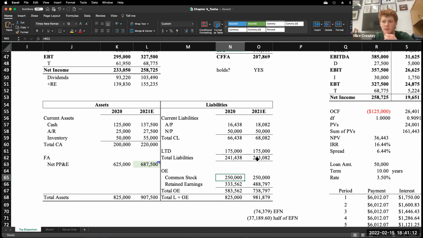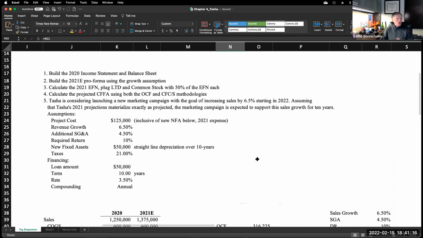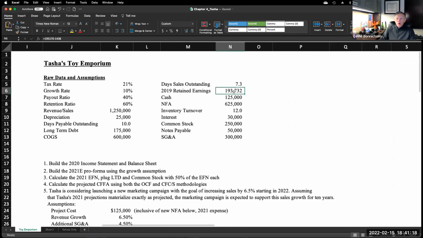The 2019 retained earnings. That's a good starting point, because we start 2020 with what we ended 2019 with. Exactly like Mike said, we start with whatever we ended 2019 with, and then we need to add something to that. What do we need to add?